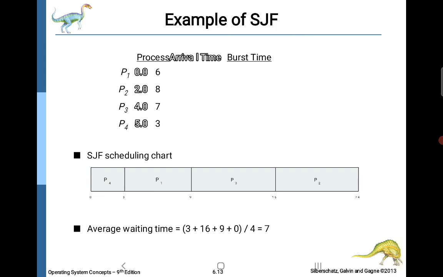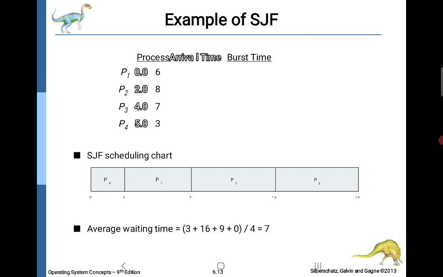Here we have 4 processes, P1, P2, P3, P4. In the example provided, their arrival time and the time they need in the CPU. The arrival time, the time they arrive into the ready queue. So P1 arrived in the ready queue at time 0 and it needs 6 time units.